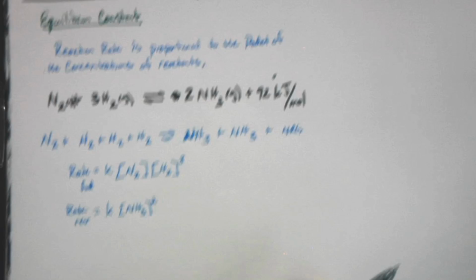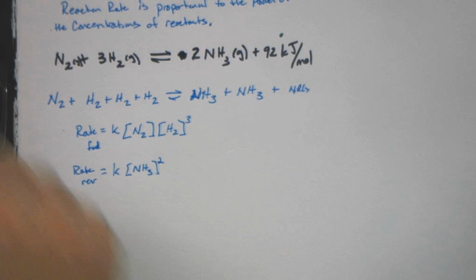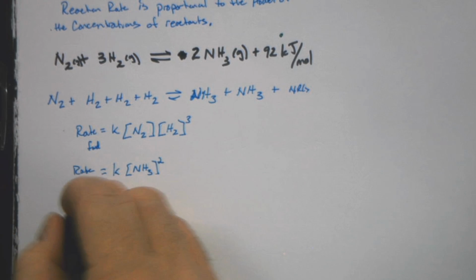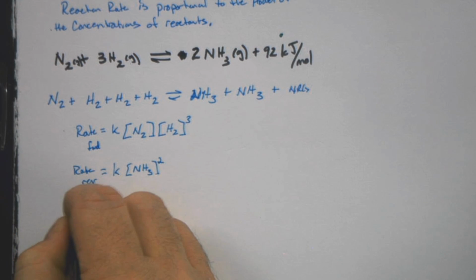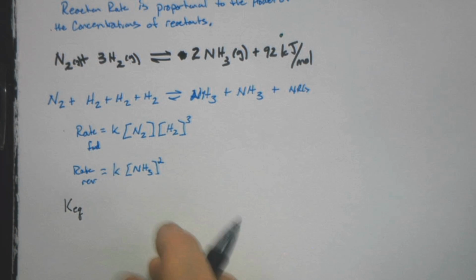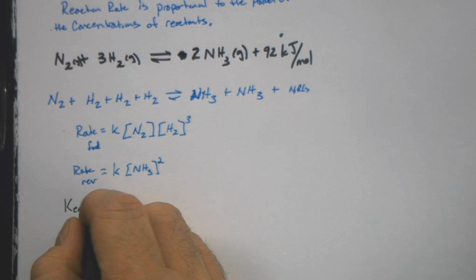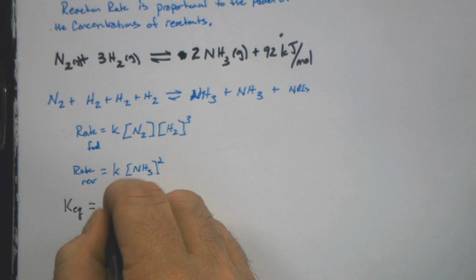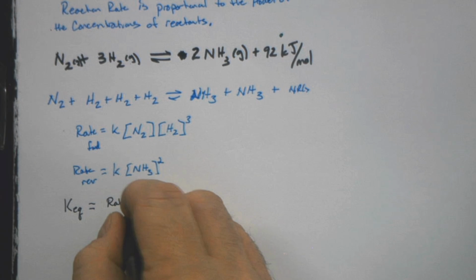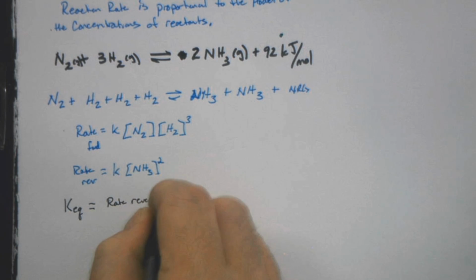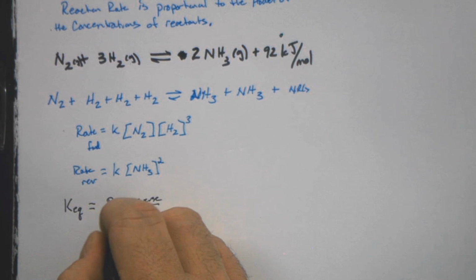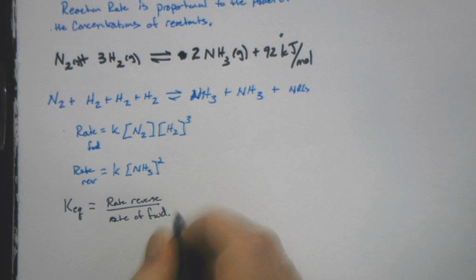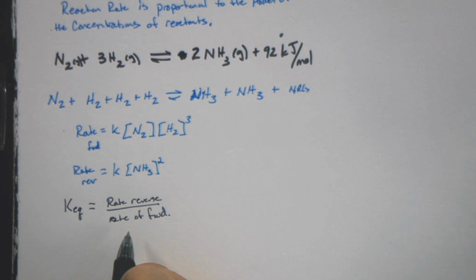The KEQ is the equilibrium constant, and it equals the rate of the reverse divided by the rate of the forward.